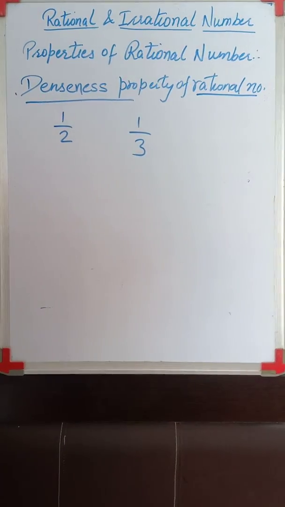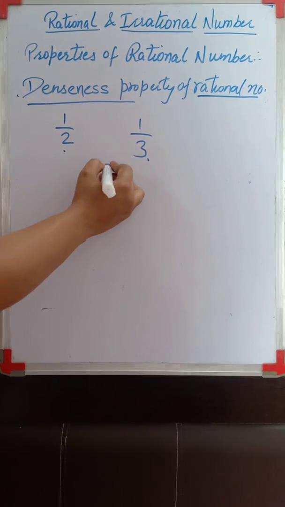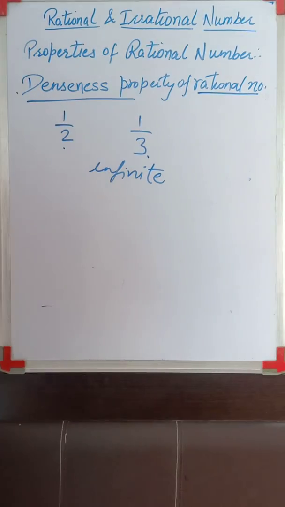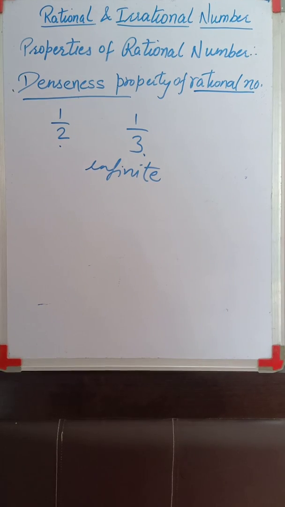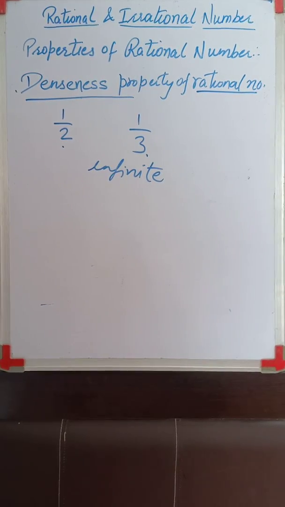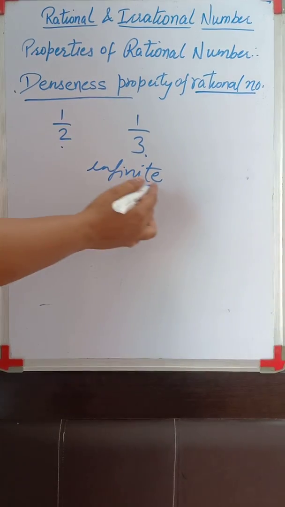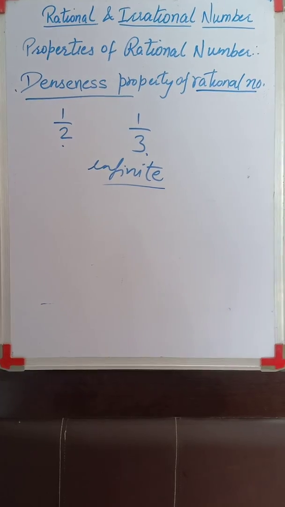So what it says is that between any two different rational numbers there are infinite rational numbers, right? Further, we are going to show how to calculate the numbers in between two rational numbers. As I said, we can calculate infinite numbers, so further we will discuss that.